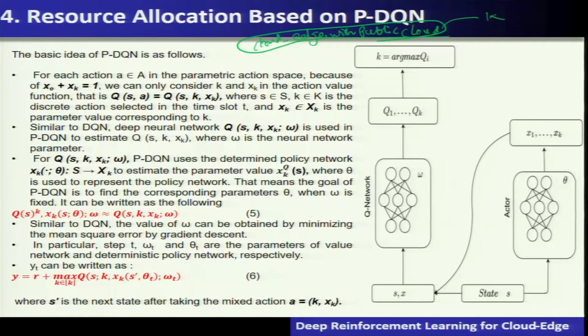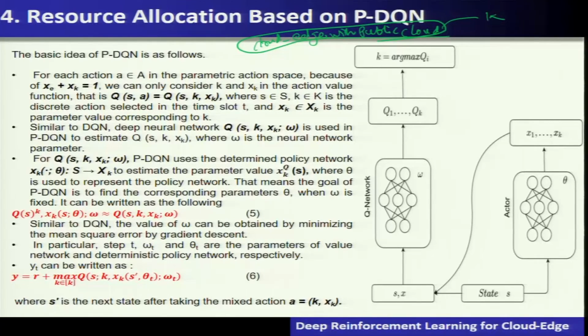So, it is parameterized in that case. First the edge node has to decide which public cloud offering has to be considered, and then it will be segmented based on that particular type of public cloud service.